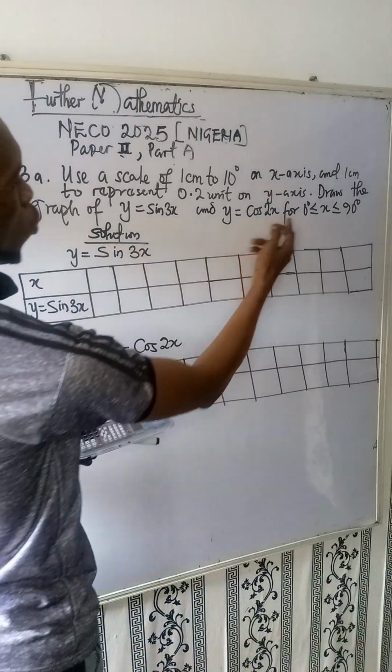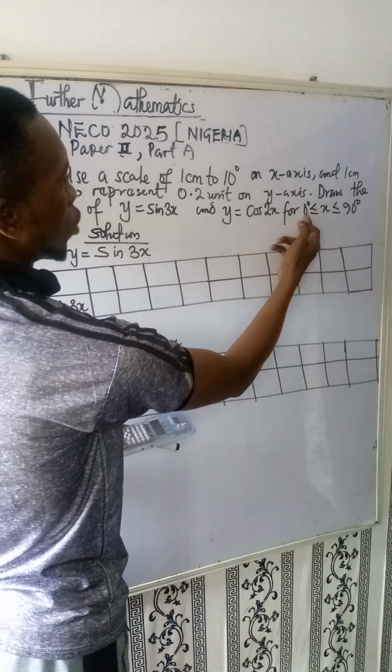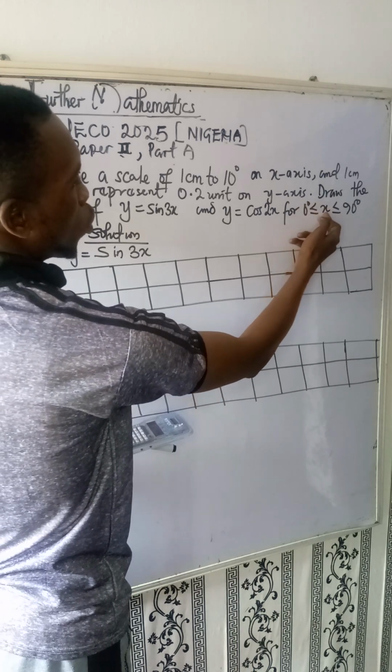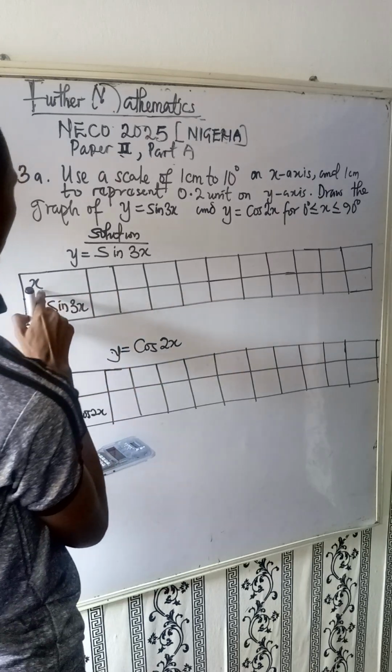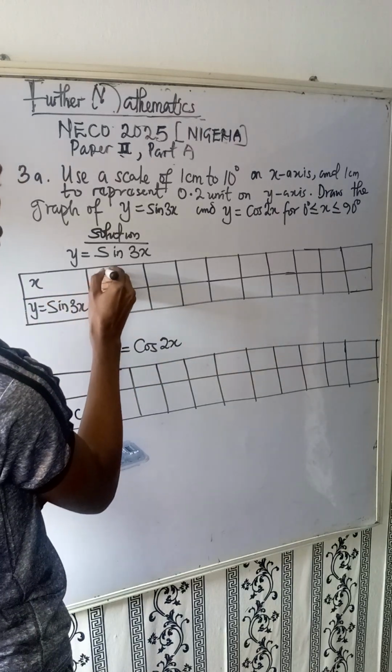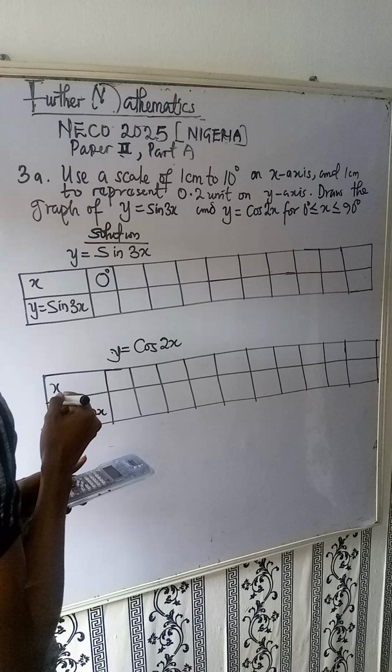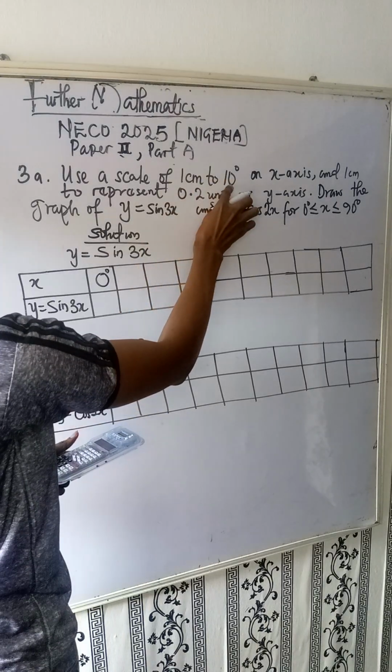Before then, don't forget, we were told that x ranges from what? 0 degree less than or equal to x less than or equal to what? 90 degrees. It means that the value for x here, we start with what? 0 degree. And don't forget, 1 centimeter represents what? 10 degrees.